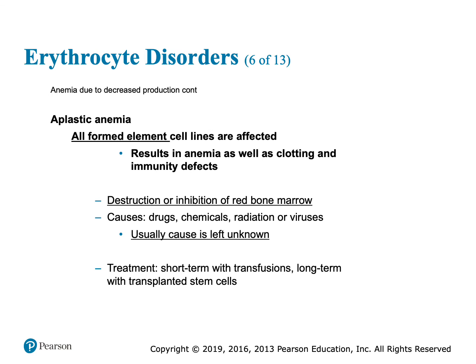This is red cells, white cells, and platelets not being made in the bone marrow for some reason. So one would be some sort of drug or chemical has destroyed that red bone marrow. Sometimes it's from radiation therapy. It could be from a virus, but most of the time we don't know what causes aplastic anemia. Definitely not something you want.